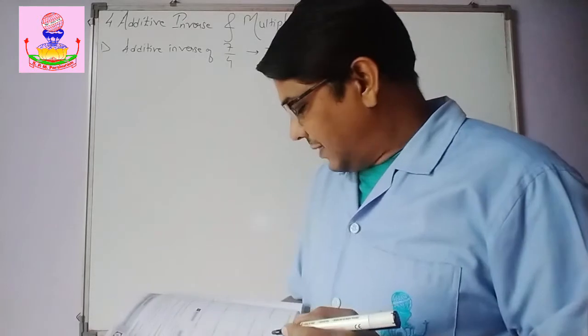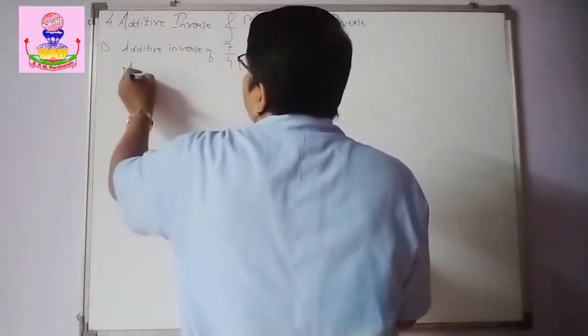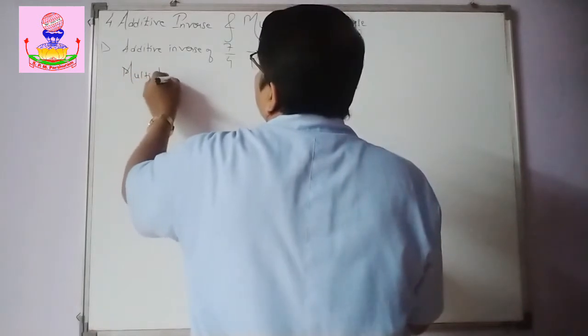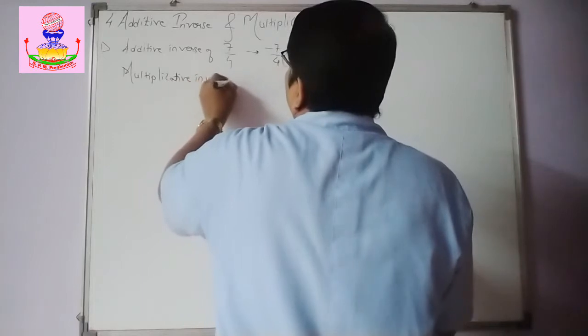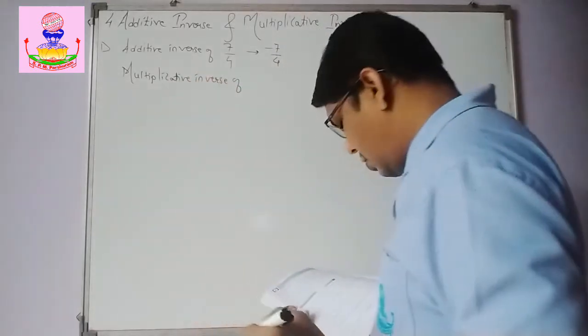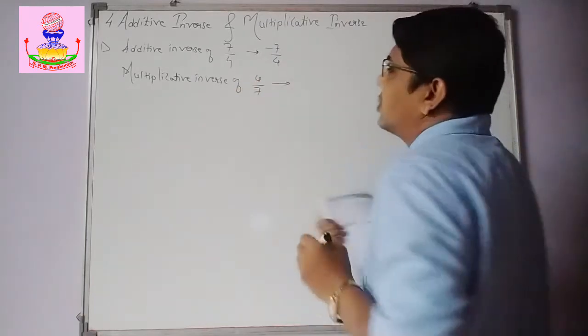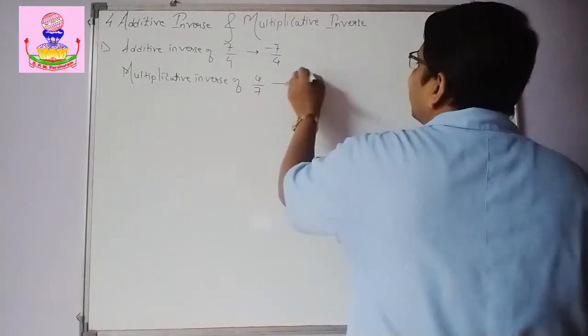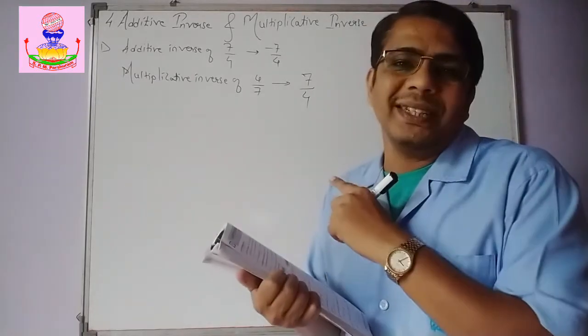Then multiplicative inverse of 4 upon 7. Multiplicative inverse of 4 upon 7 is, yes, 7 upon 4. There you are. And now what they say, sum of this, right?